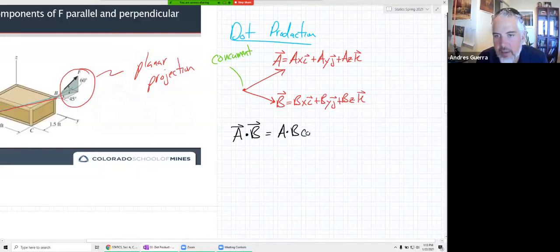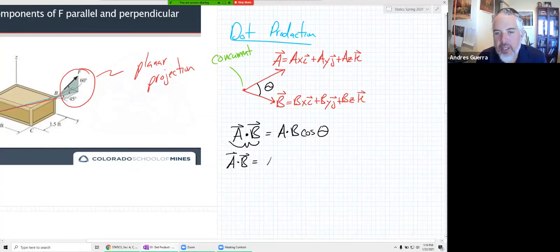And then times the cosine of theta, and that theta is the angle between those two vectors. So whatever plane those two vectors lie in, we can find that angle theta from those two. This part of the equation, A dotted with B, is just the sum of the products of the components.